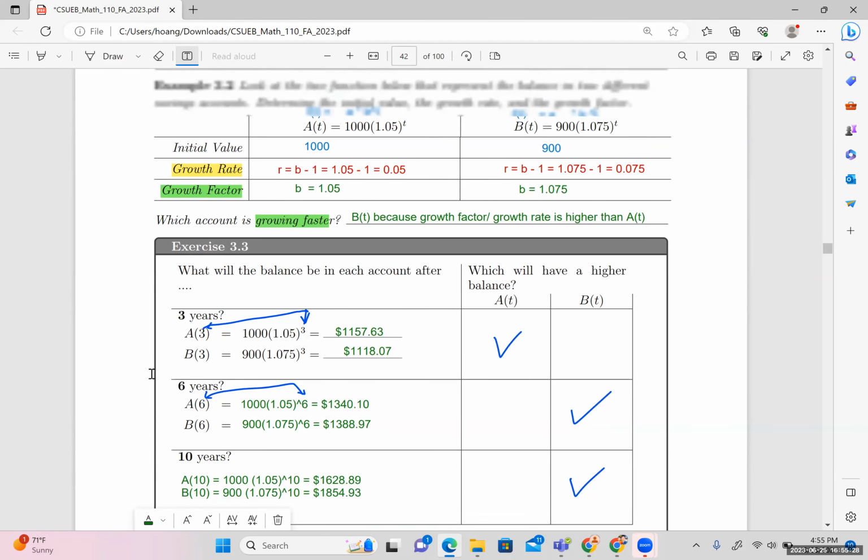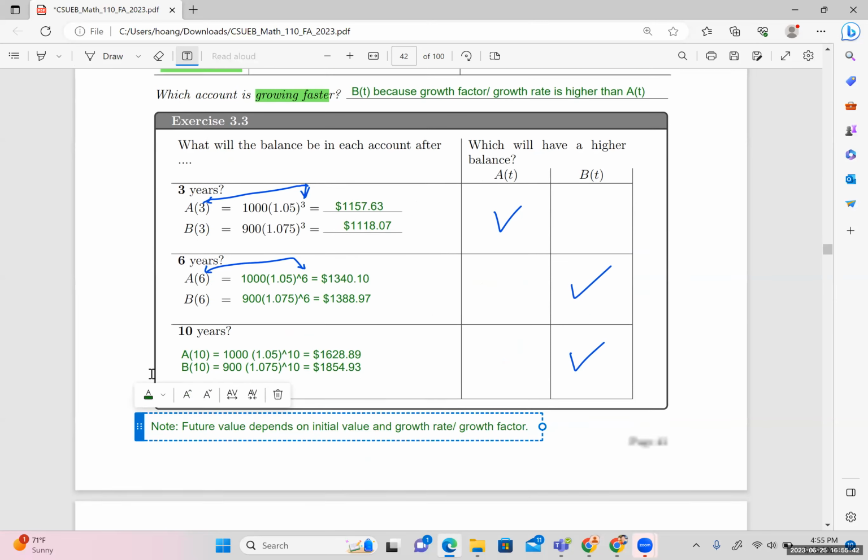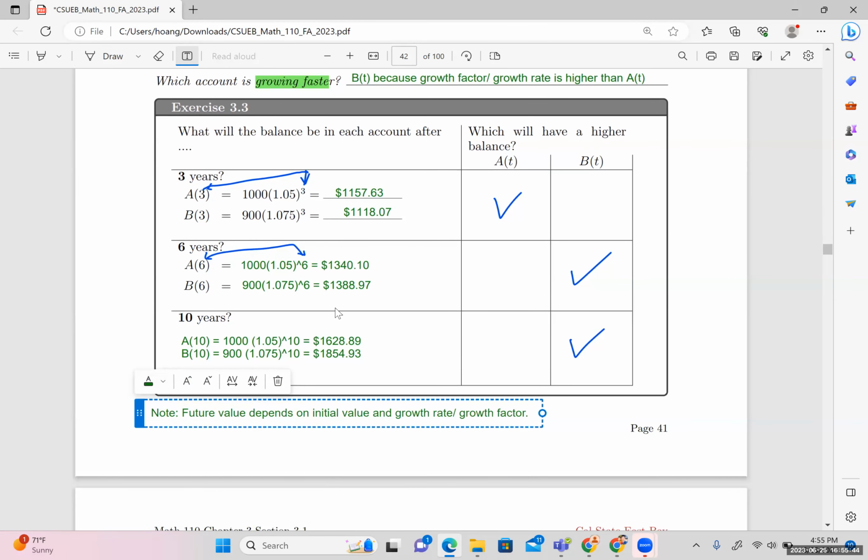So as you see here in 2, company B is growing faster in the long run. Yes, absolutely. The amount of money they have in the balance will be much higher if you try more years, like 20 years.